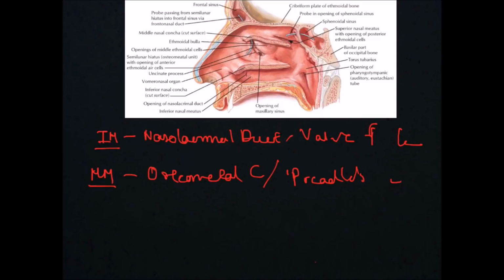Next, what are the openings? Frontal sinus, maxillary sinus, ethmoidal air sinus. What are the 2 important structures? Bulla ethmoides, hiatus semilunaris. Next, superior meatus, posterior ethmoidal air cells.